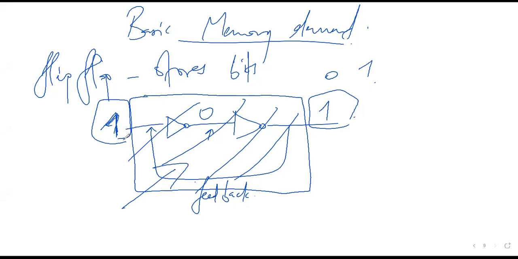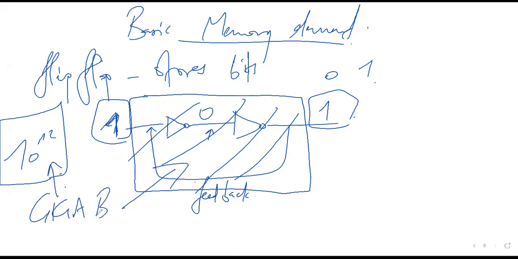So a gigabyte memory stores how many bytes? 10 to the power of 12. What is this? It's information. The zeros and the ones, they are information.